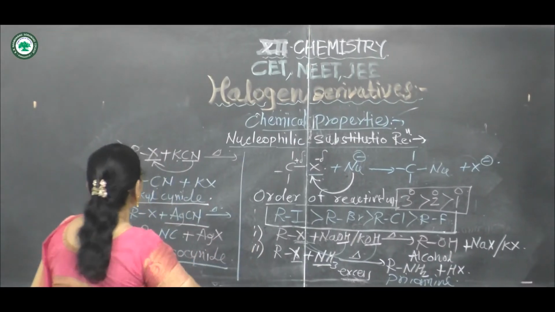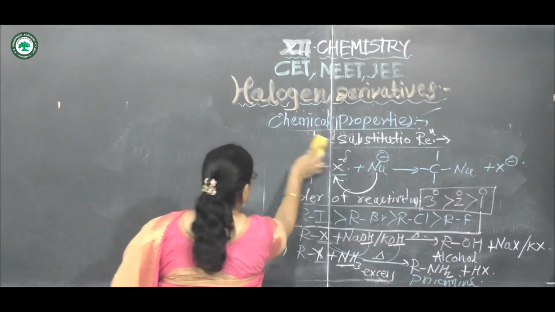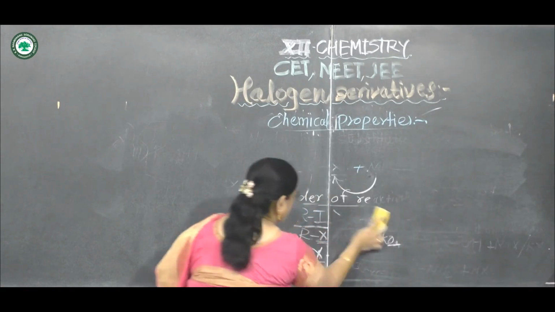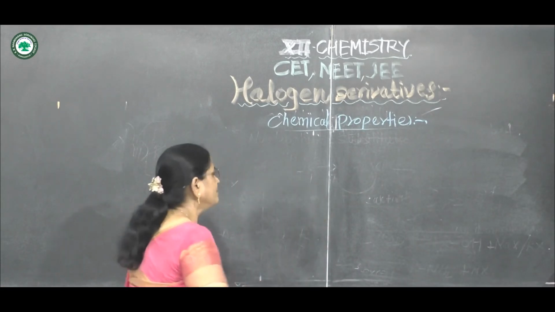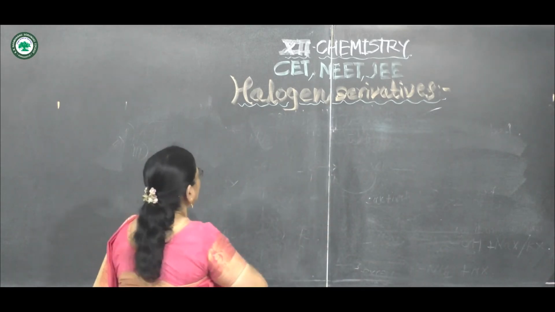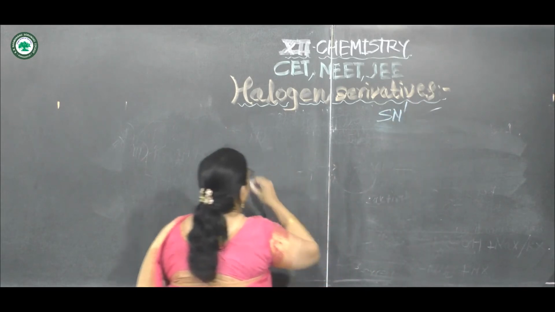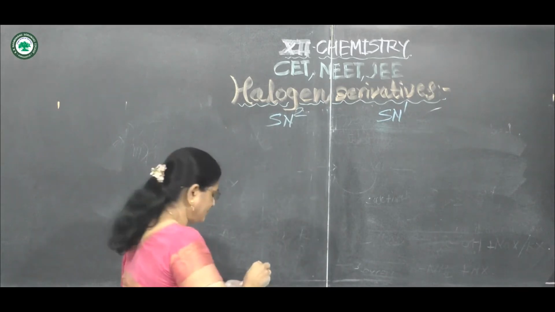The next point is reaction mechanism, the reaction mechanism of this nucleophilic substitution reaction. There are two types of reaction mechanism of this nucleophilic substitution reaction. First one is SN1 reaction and second is SN2 reaction.